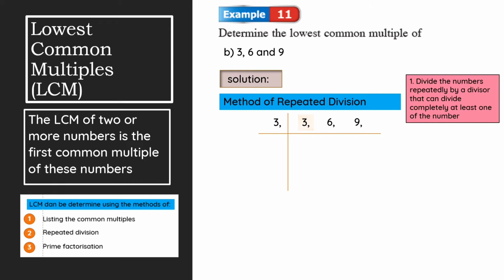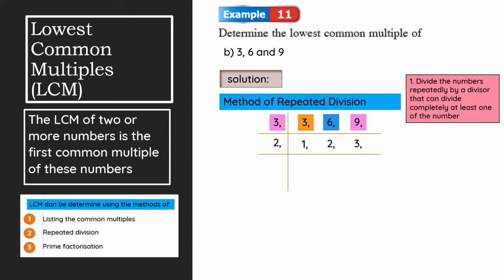3 divided by 3 equals 1. Next, 6 divided by 3 equals 2. 9 divided by 3 equals 3. Okay, the second step.